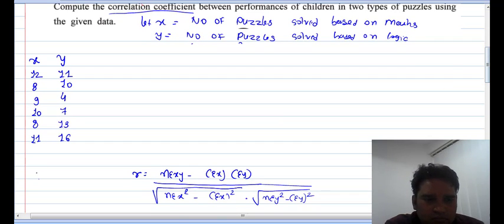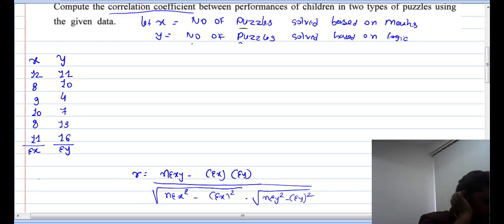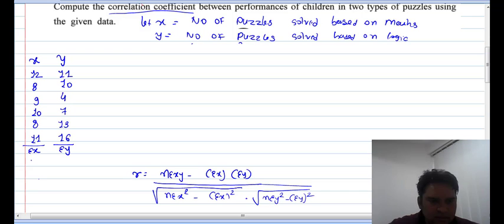Right? Now as usual we will take the summation of x and y, that means sigma x and sigma y. The total of sigma x would come to 58 and sigma y would come to 61.